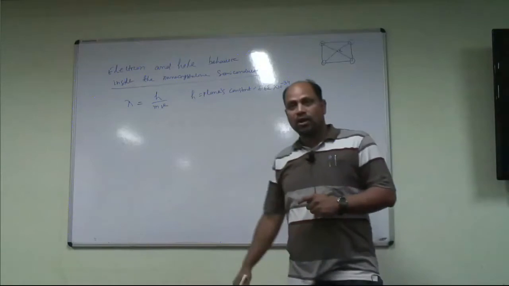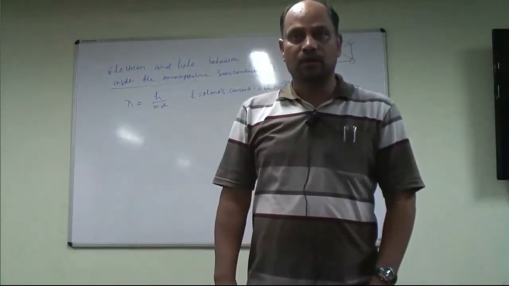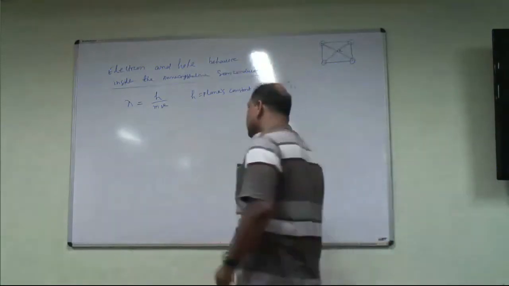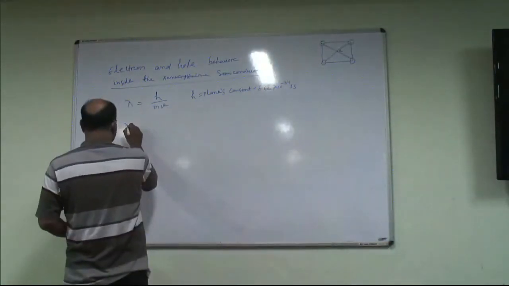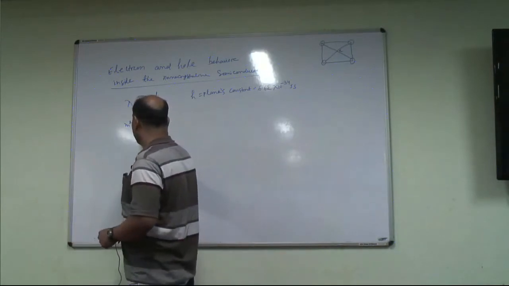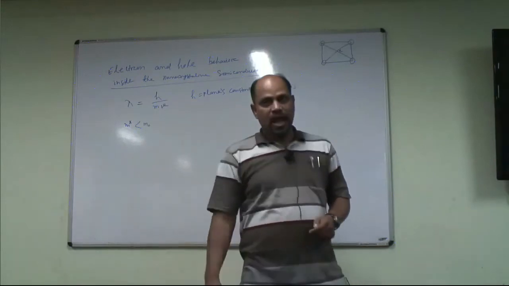This electron has an effective mass inside the semiconductor. We call it the effective mass. The electron has an effective mass inside the semiconductor, which is always less than the rest mass of the electron, which is nothing but m0.